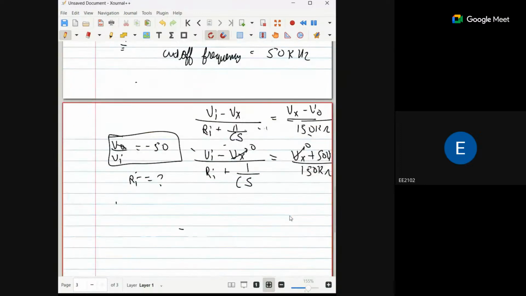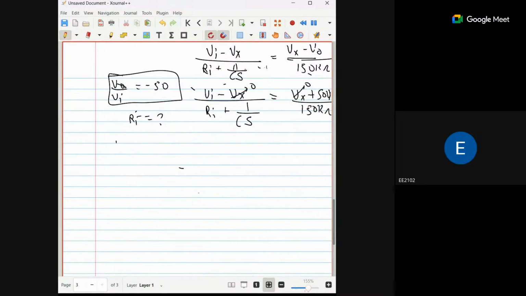So then Vi upon Ri plus 1 by CS is equal to 50 Vi upon 150 kilo ohm. Okay, so 150.